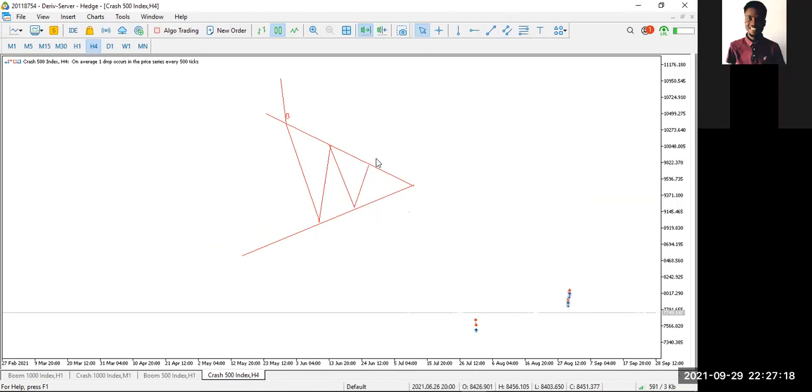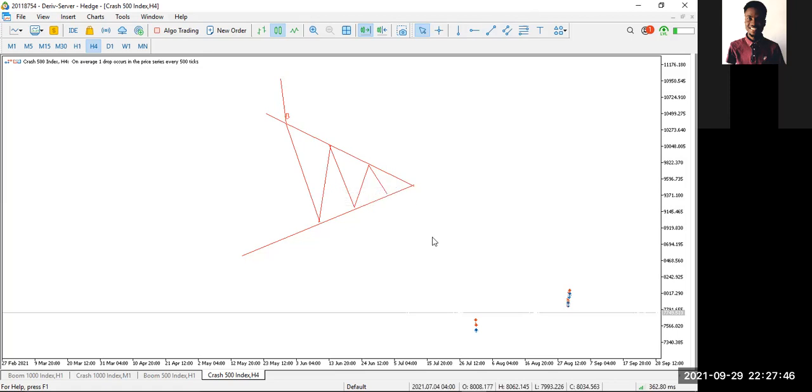I could not load the PDF; it would have been faster that way. So when you see a market coming from the upside and down, and it now starts respecting a support level, as well as respecting a resistance level above, and forming this type of pattern, we call it a symmetrical triangle.